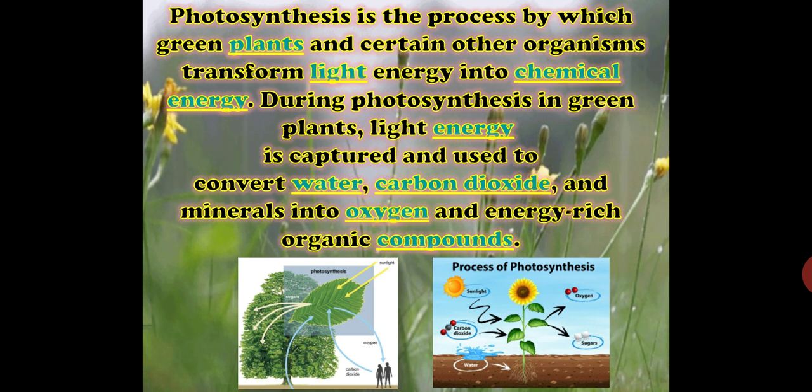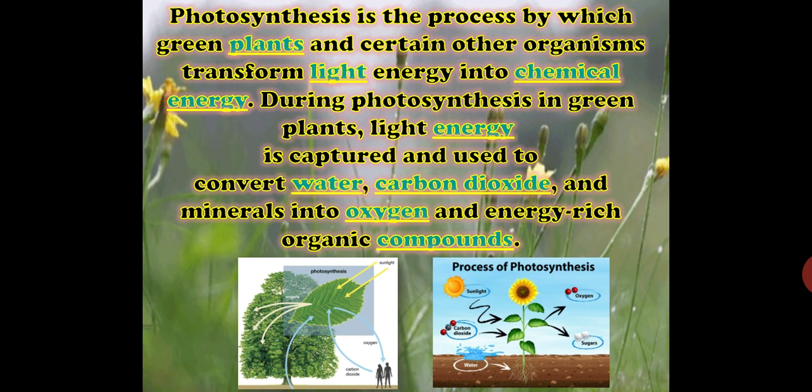During photosynthesis in green plants, light energy is captured and used to convert water, carbon dioxide, and minerals into oxygen and energy-rich organic compounds. This process is a chemical reaction, and it is the most important chemical reaction on our planet.